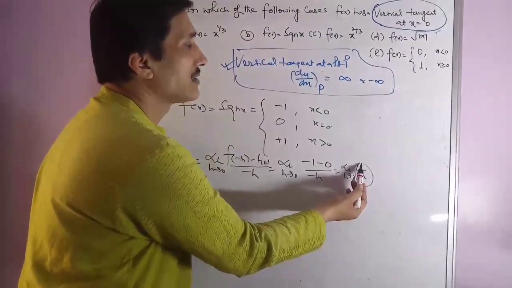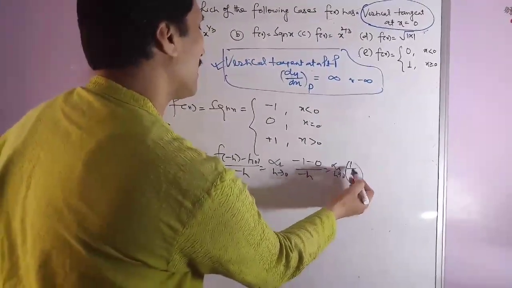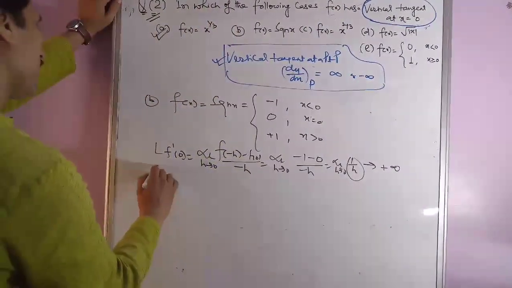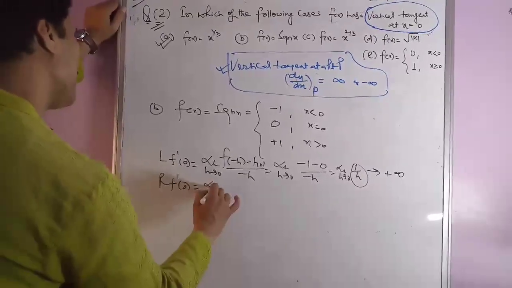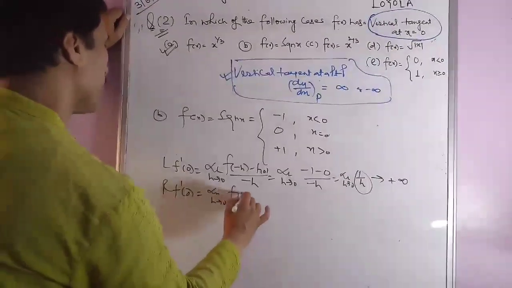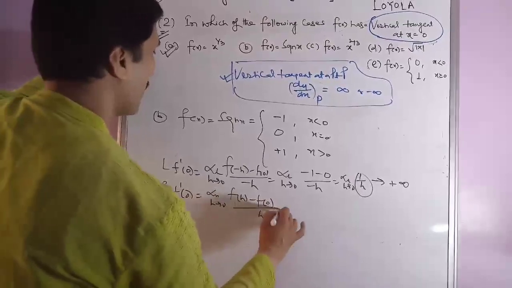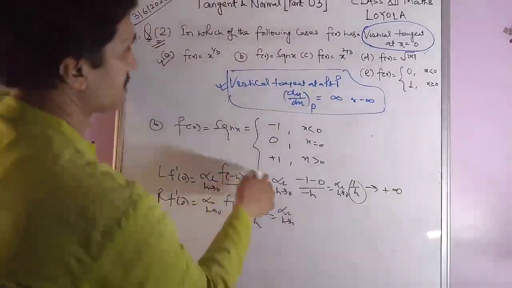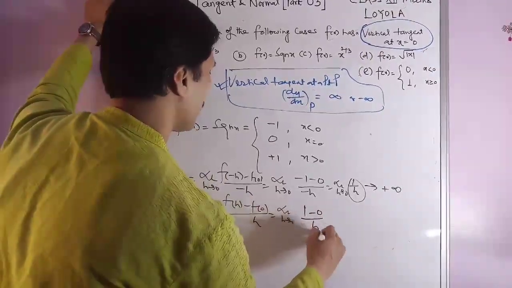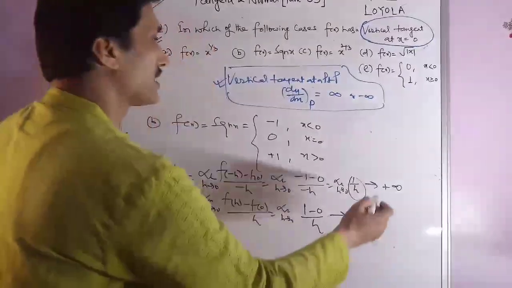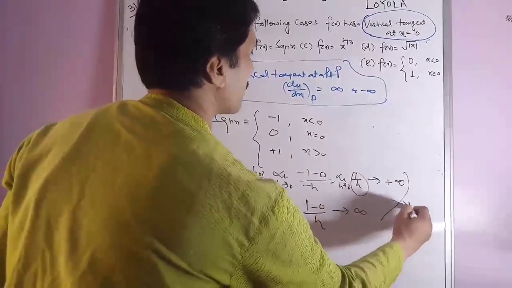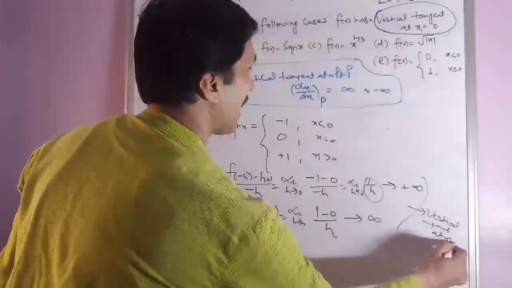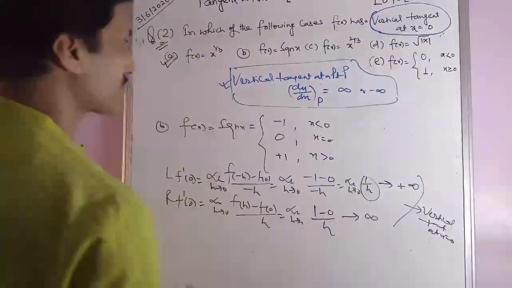Numerator is exactly 1, this h tends to 0, so it tends to plus infinity. R f dash 0, limit h tends to 0, f0 plus h minus f0 upon h, limit h tends to 0, f h, here h is positive obviously, +1 minus 0 by h, again tends to plus infinity. Both tend to plus infinity. So vertical tangent at x equal to 0.